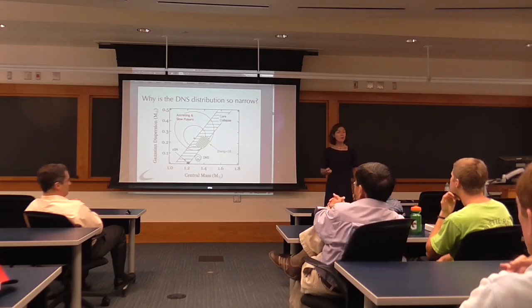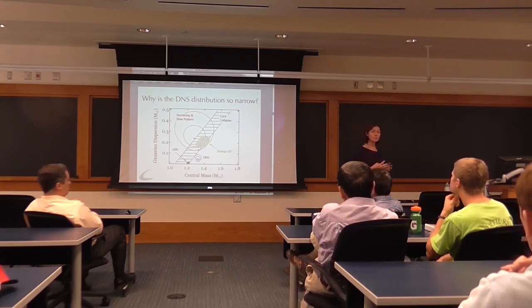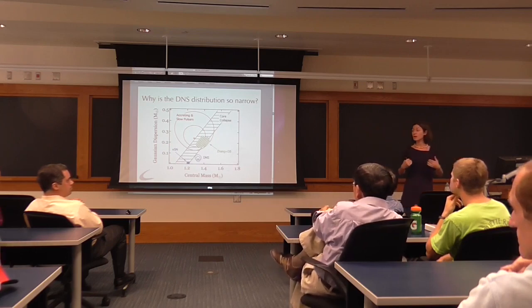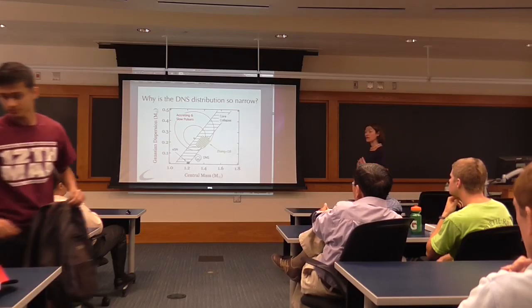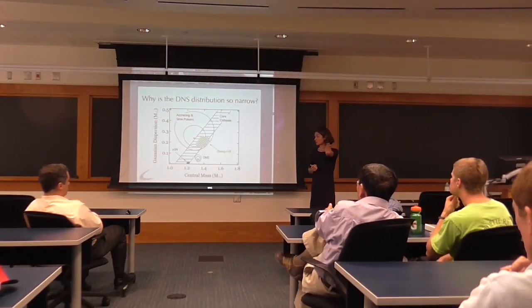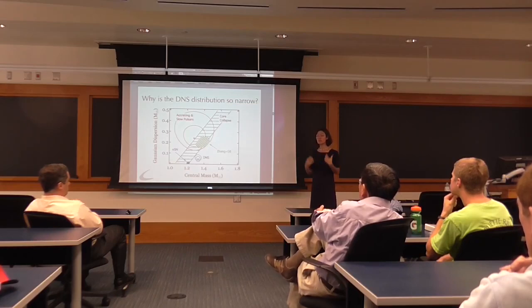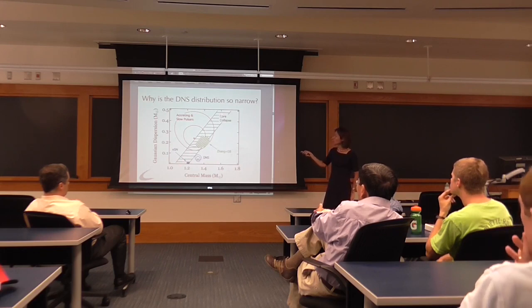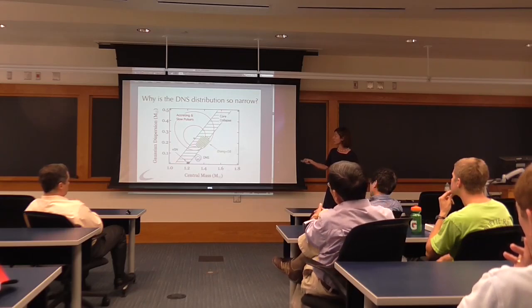Now you might say, well, perhaps the supernova explosion doesn't eject the entire envelope, so some of it falls back onto the system. And this is commonly seen in supernova theoretical calculations, that there is some amount of fallback. Well, whatever adds mass and gets you to higher central masses also increases the dispersion along this line.